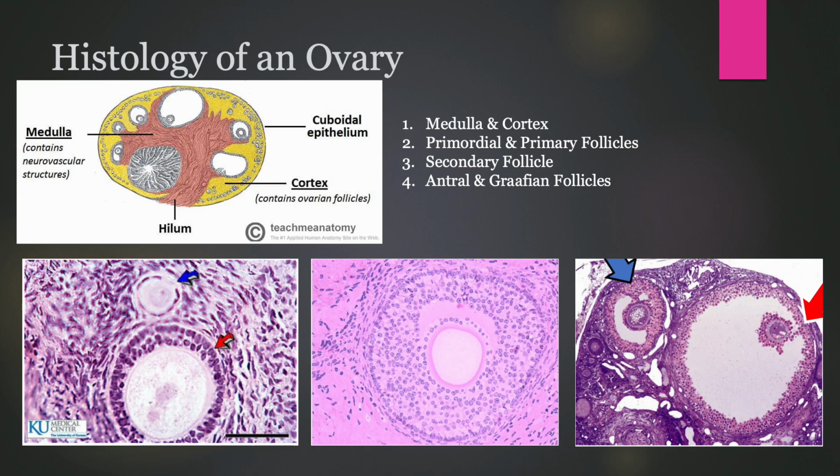It's the antrum, filled with antral fluid. And then with the red arrow, it's significantly larger. So that antrum grew a lot, filled up with a lot of antral fluid. The oocyte is matured and it's now fully ready for ovulation.